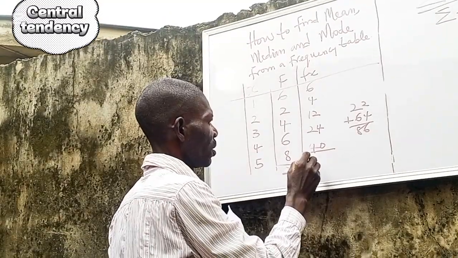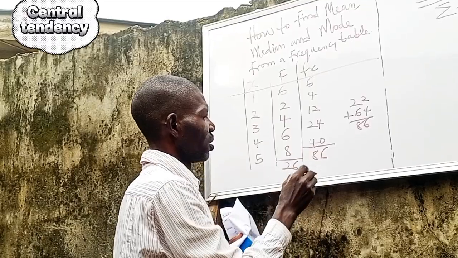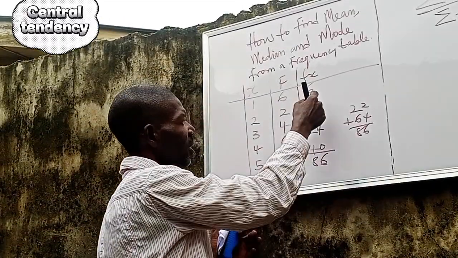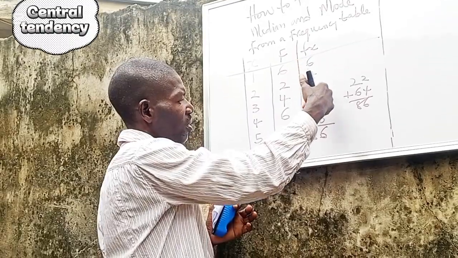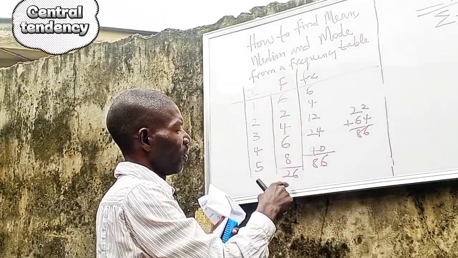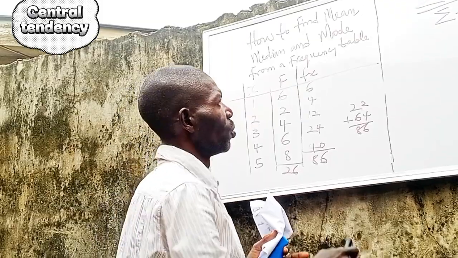So you have 86 here. The summation of fx will give us 86, and the addition of the frequencies will give us 26.